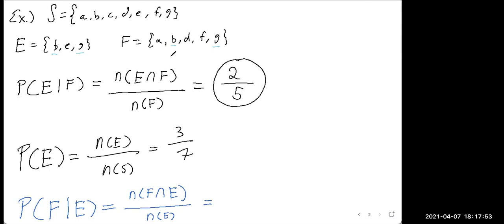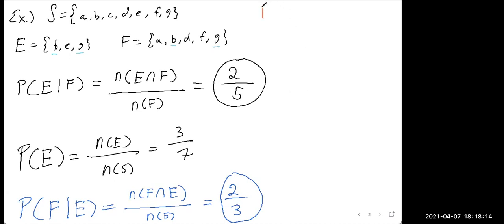It's still the same 2 elements. So that's still 2, no difference there. But the number of elements in event E is 3. And so here we can see that these 2 numbers are not the same.